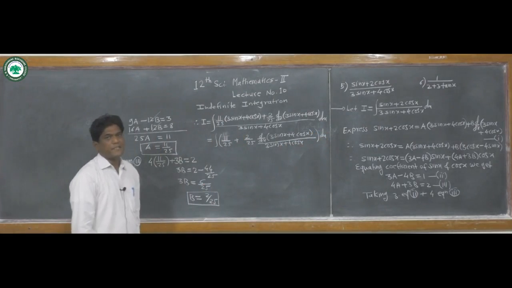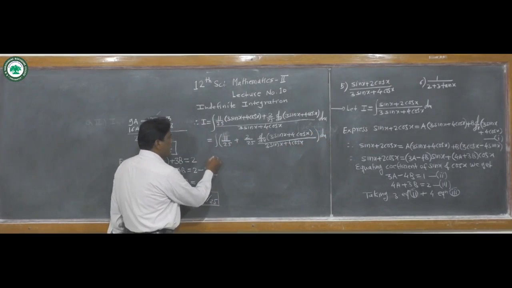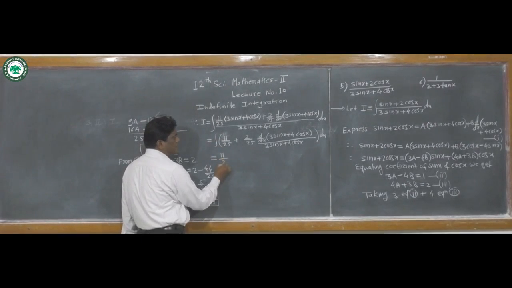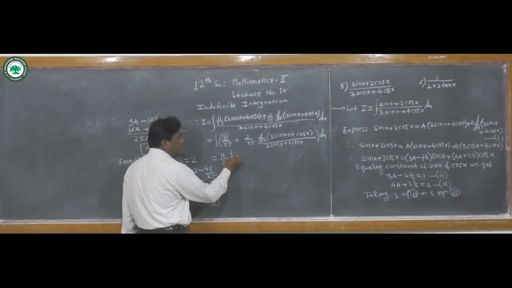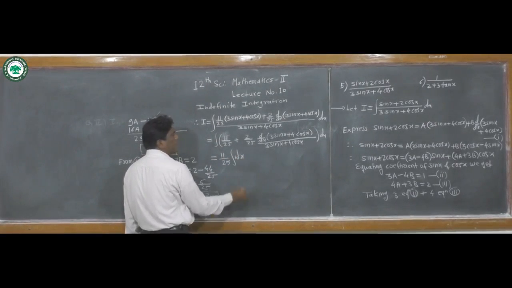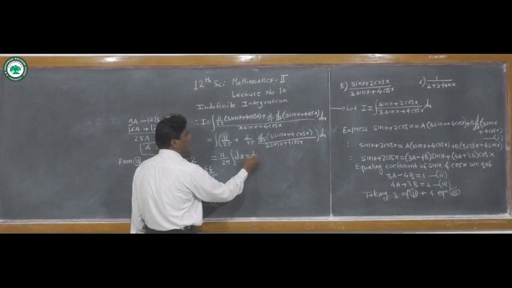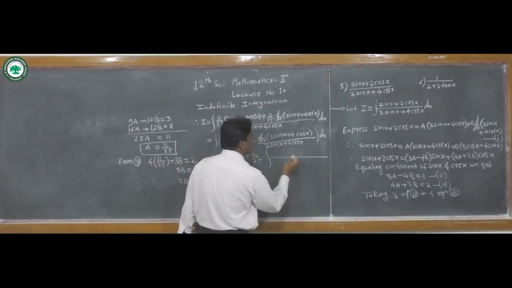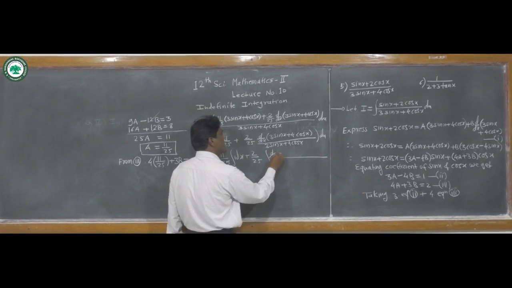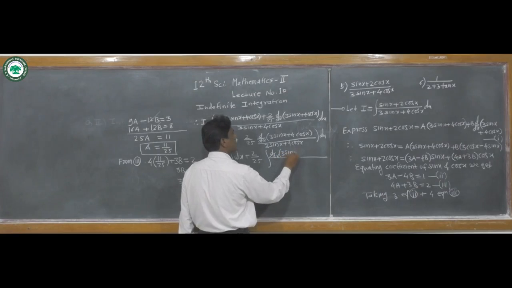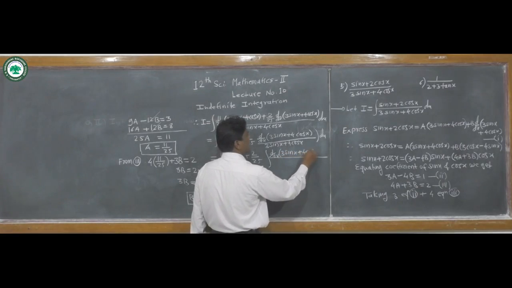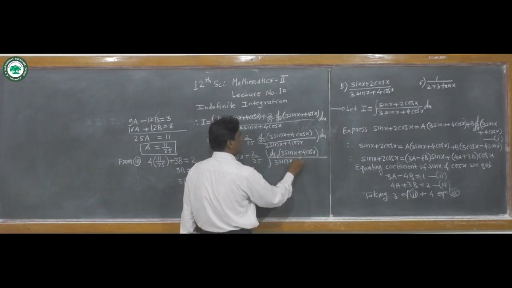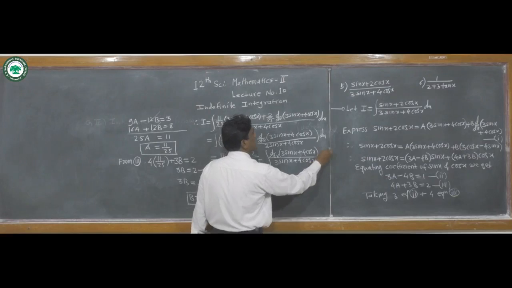And now take the separate integration. So while taking the separate integration, this 11 upon 25 is constant, take it outside the integral into integration of 1 dx, plus this constant 2 upon 25 outside the integral and integration of, in the numerator, d by dx of 3 sin x plus 4 cos x divided by 3 sin x plus 4 cos x dx.